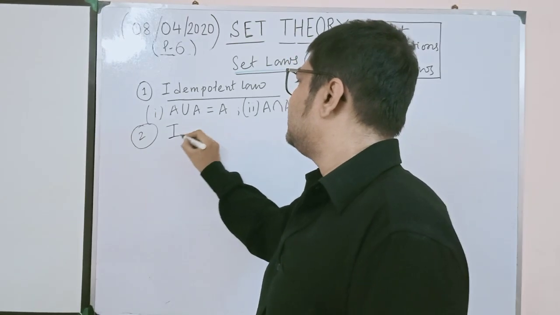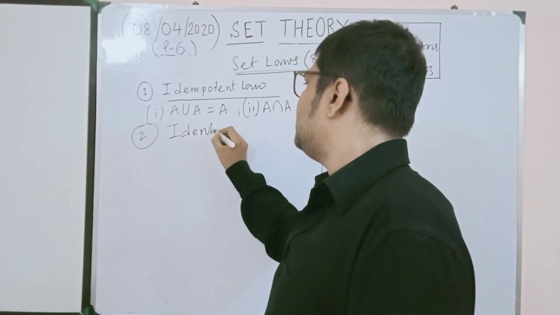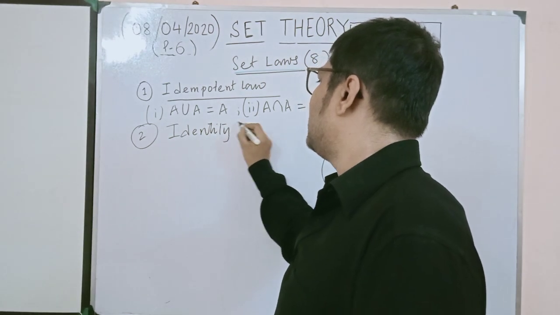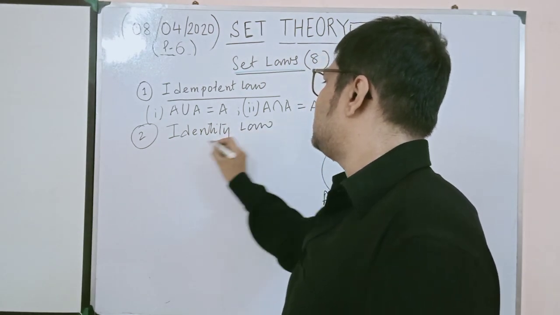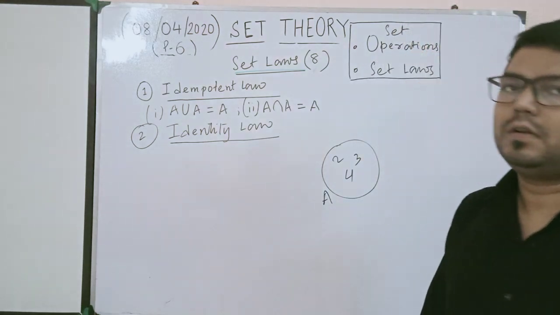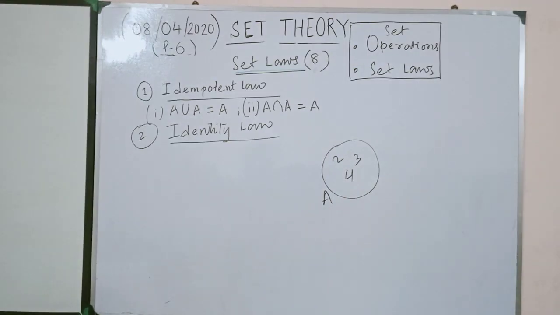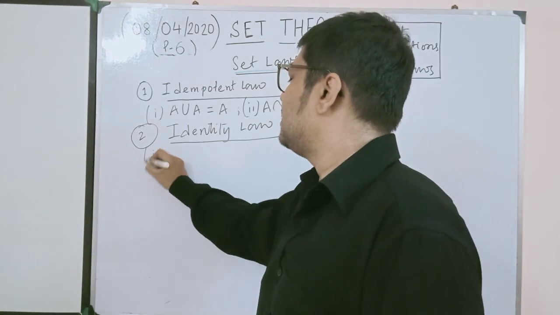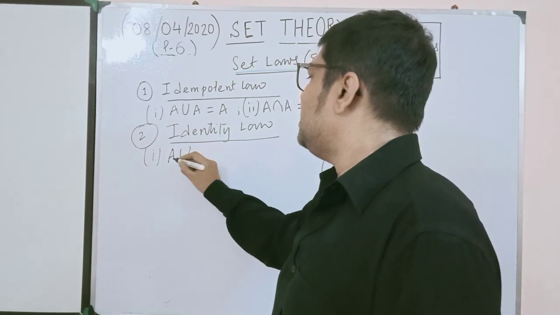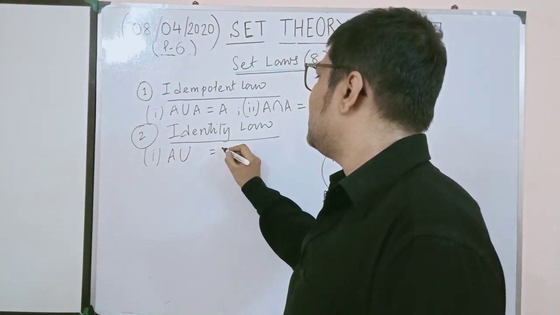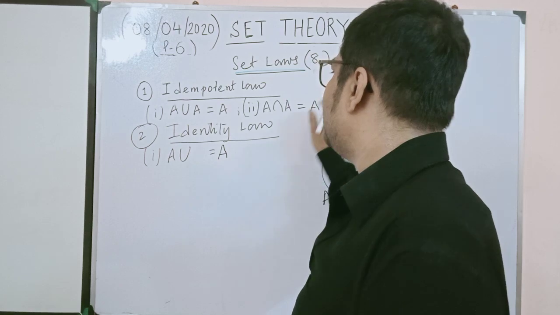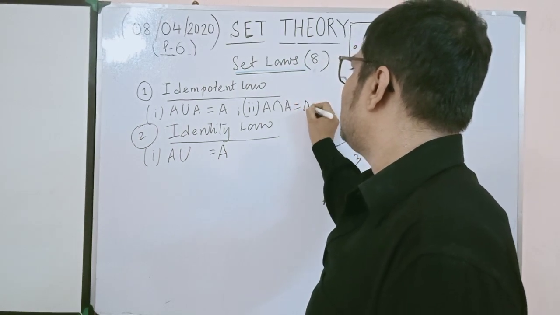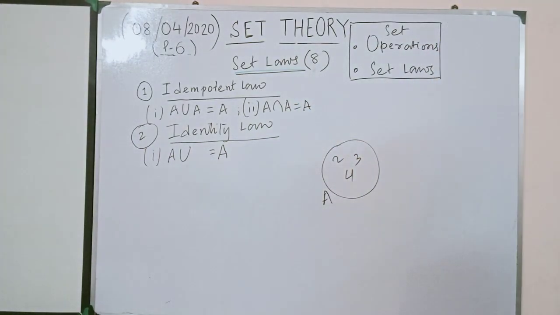Next is the identity law. In the case of the identity law, what we find is the union of A with something that will also give you A, but it's actually not the previous idempotent law.